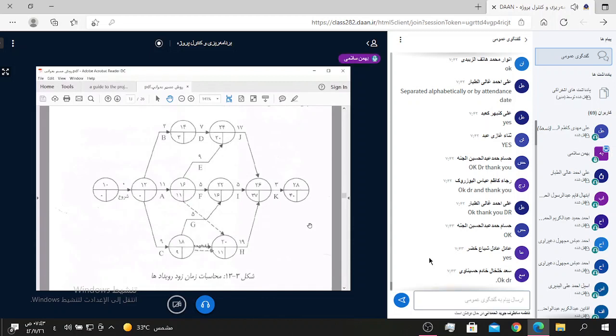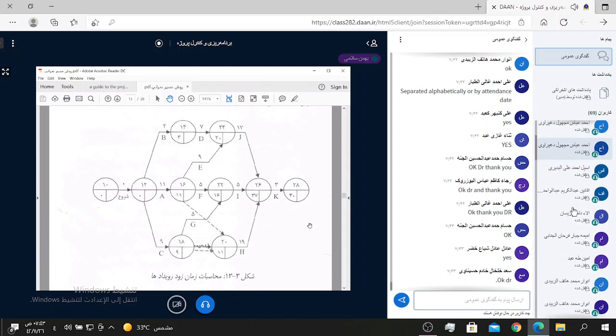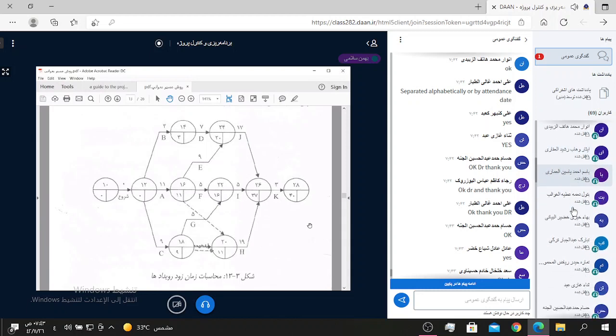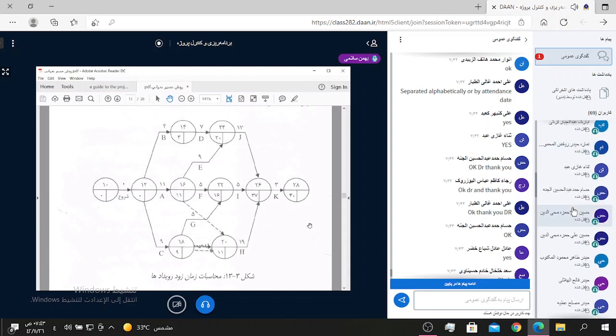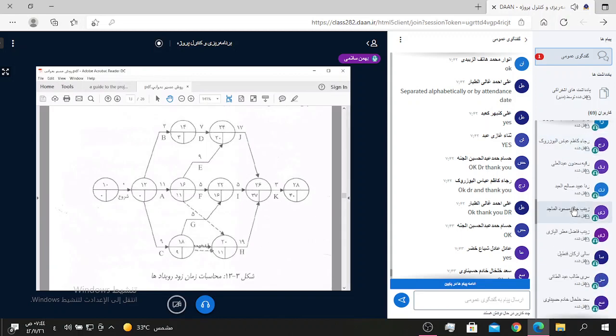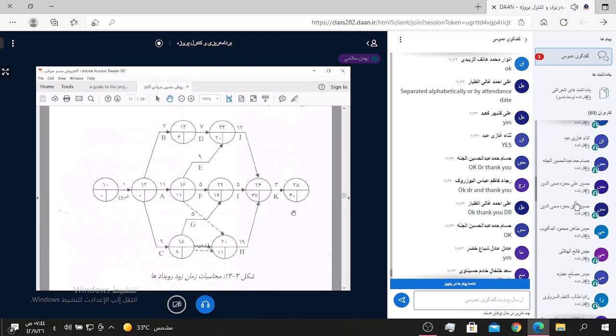I hope that all students understand this issue, because if you cannot understand this, we cannot continue. In the next session, I want to find the other factors and find the critical path method in this example.